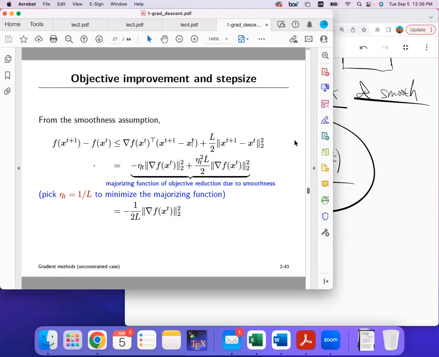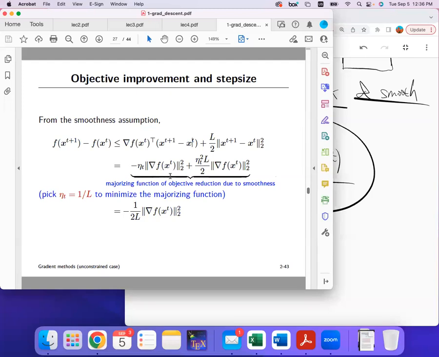And then you can see these two terms can be combined together because they are all about the gradient norm to the power of 2. In particular, one is negative, one is positive. So we can pick a proper step size to minimize these two terms. In particular, we can choose eta_t to be 1 over L, so that these two terms actually match with each other.